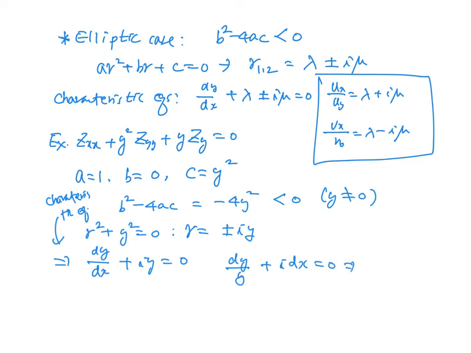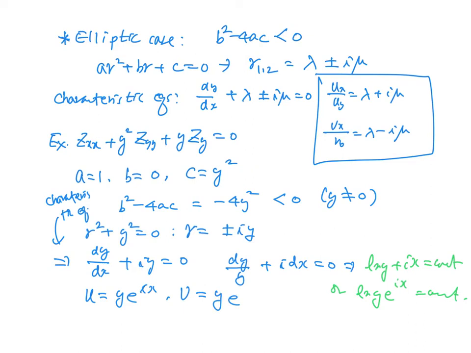So the solution is ln y plus ix is constant, or y exponential of ix is constant. So let's say u as y exponential ix, v as y exponential minus ix, right?